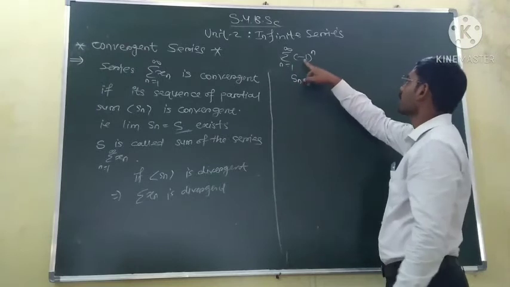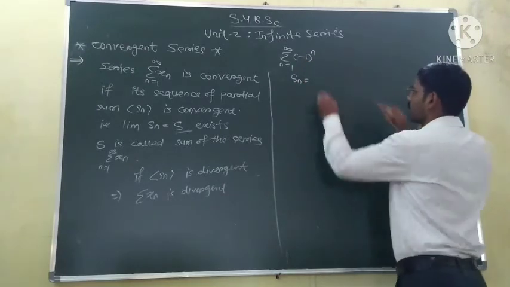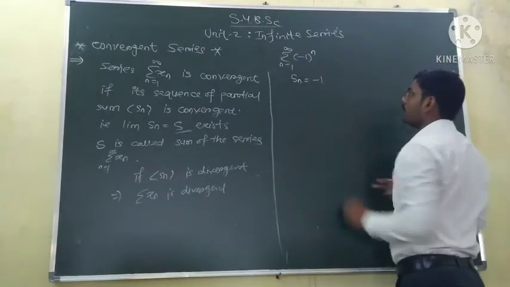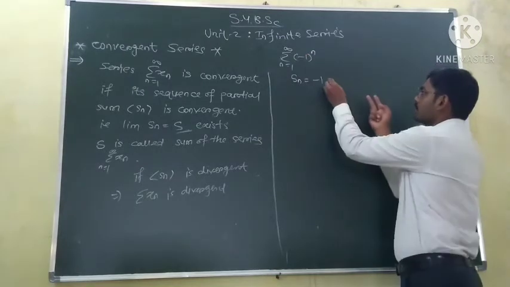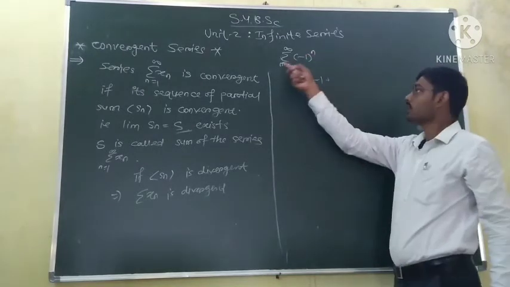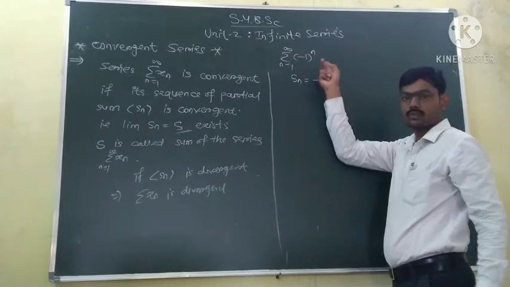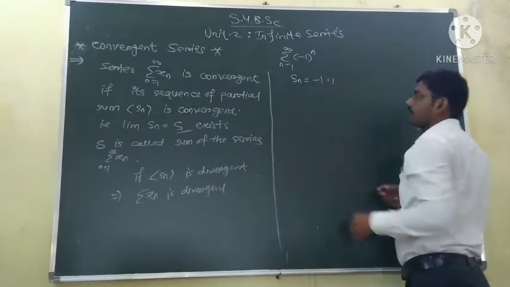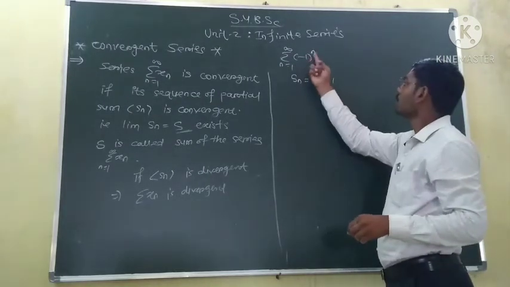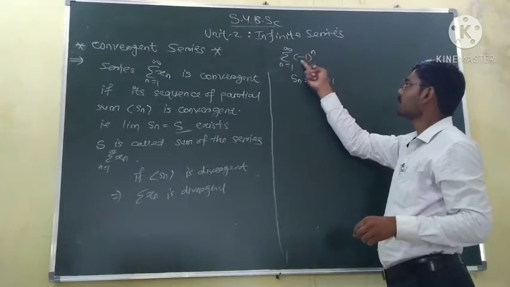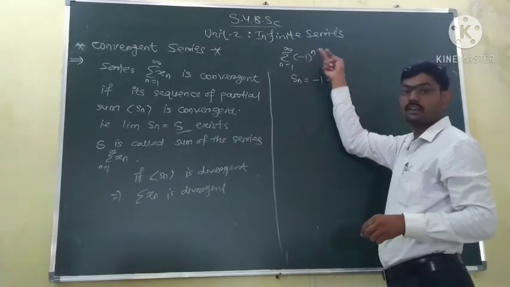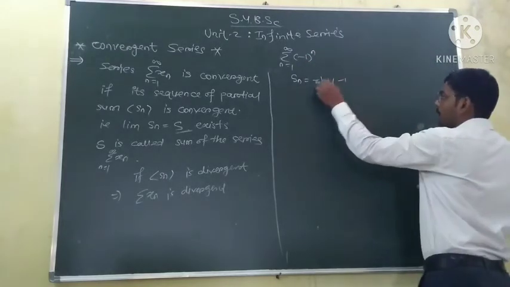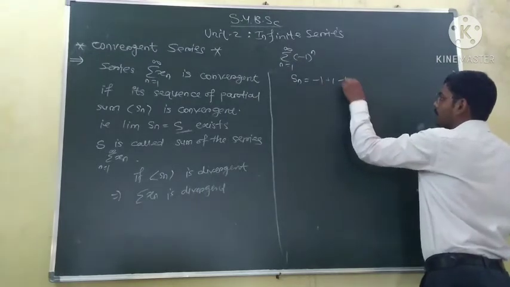The first element will be minus 1 raised to power 1, so minus 1. The second element: put n equal to 2, the square of minus 1, so plus 1. The third element: put n equal to 3, the cube of minus 1, that is minus 1. So minus 1 plus 1 minus 1 plus 1, continue.